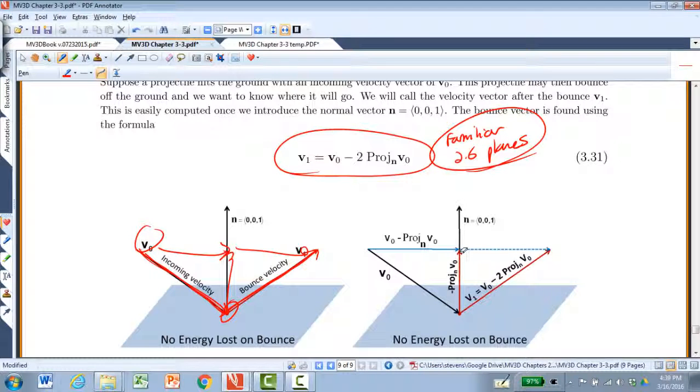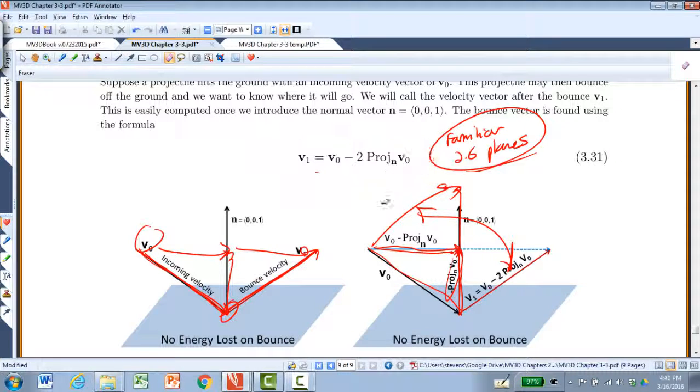And so the negative is going to go up like this, and that makes this particular vector v0 minus that. All right, so you go down, minus that, or plus the negative gets you there, and then you want to do that one more time, right? And so you get v0 minus 2 of those projections, right? So if you go there, there, then you have that. That's the bounce vector right there.